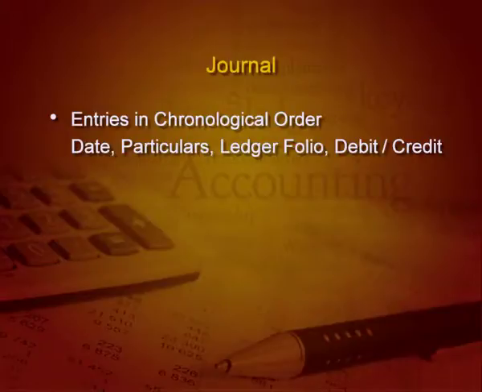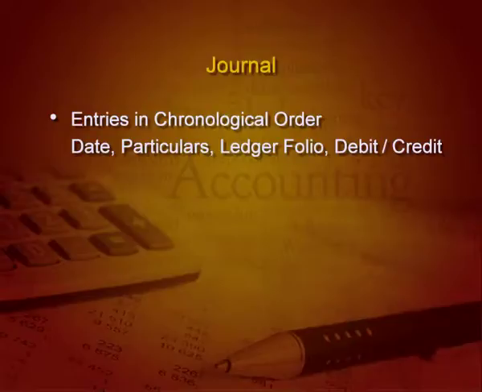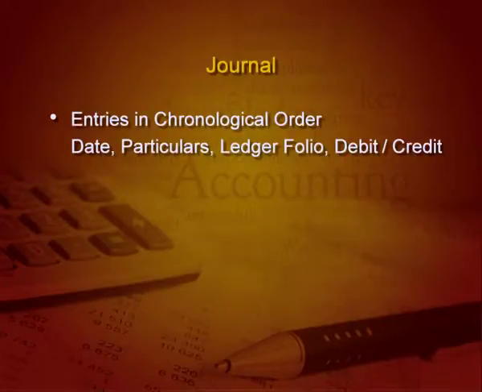A journal records the entries in chronological order, that is date wise order. So we have 4 columns in that. First column, date, the date of the transaction. Then particulars, where we write what is to be debited and what is to be credited.